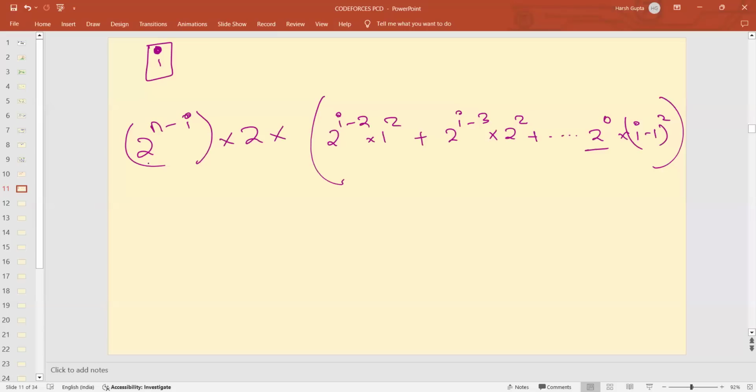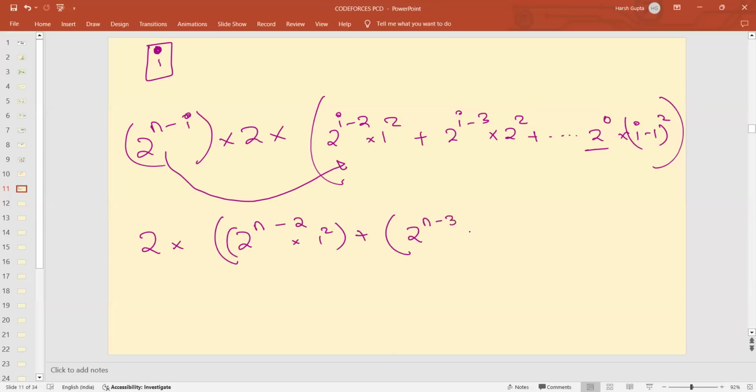Now if you simply take 2 power n minus I inside, you will get 2 multiplied by 2 power n minus 2 into 1 square plus 2 power n minus 3 into 2 square plus dot dot up till 2 power n minus I into I square.